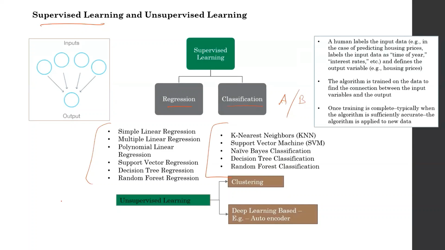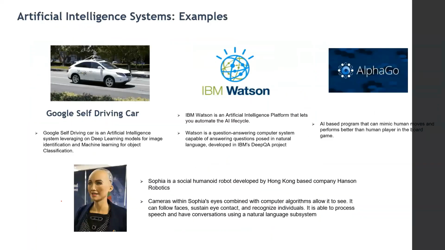And there are advanced versions in the deep learning space. We will check them when we actually look into deep learning. An example is the self-driving car. It's not a single system. Inside the system, you will have a lot of machine learning and deep learning algorithms, like a convolutional neural network, which looks into image-based data, extracts the features and sends them to subsequent algorithms.